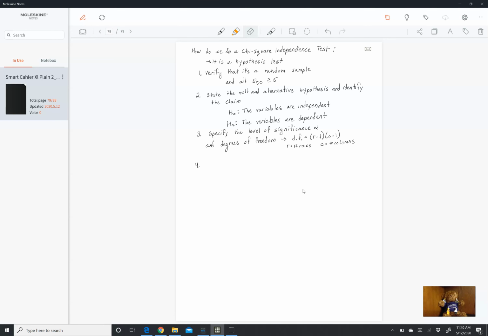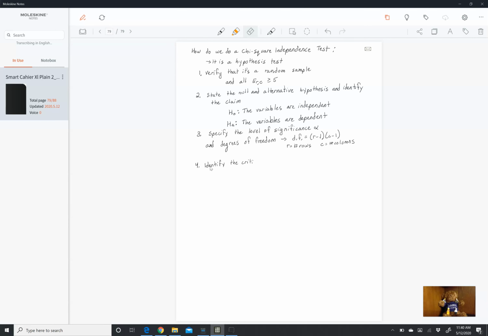Once we do that, then we have to identify our critical value and the rejection region.